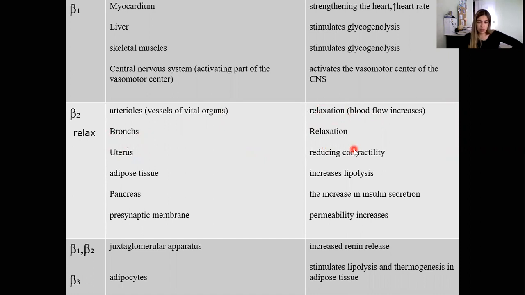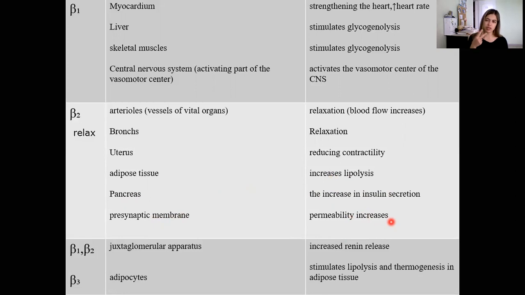which can be used, by the way, for bronchial asthma. In the uterus, we also have reduced contractility, which can be useful in case of pregnancy. Adipose tissue, we have increased lipolysis, the only one not relaxing but activating, and in the pancreas also. And in the synaptic membrane, we increase the permeability of the presynaptic membrane. Remember what we talked about presynaptic?